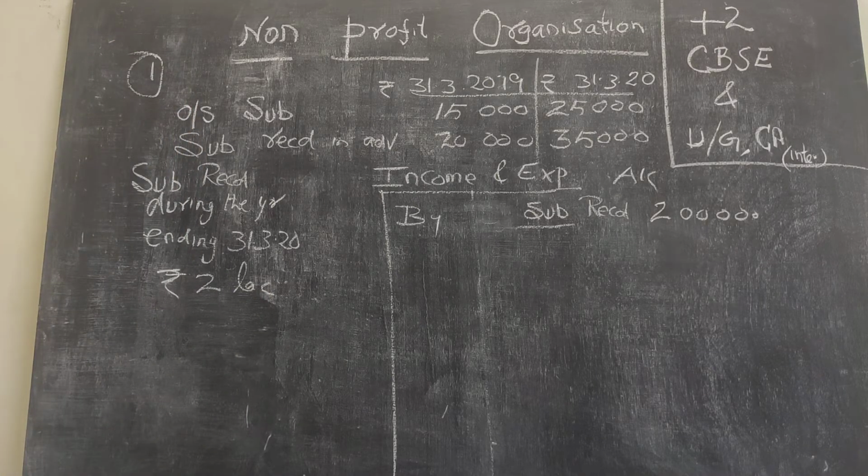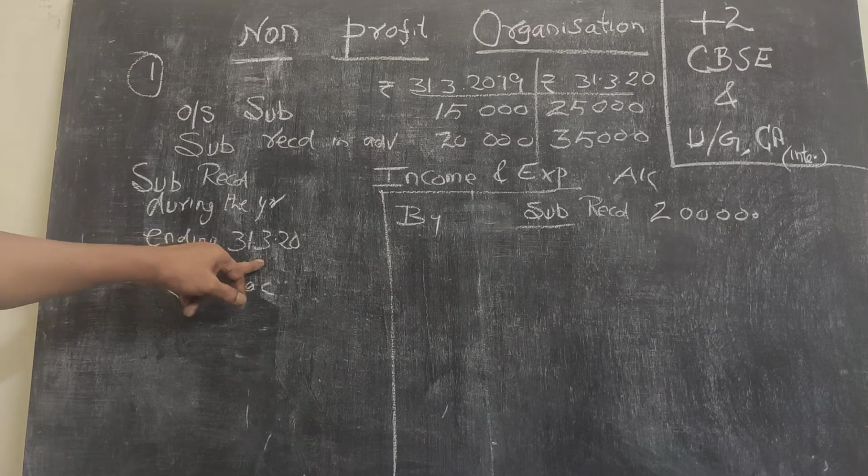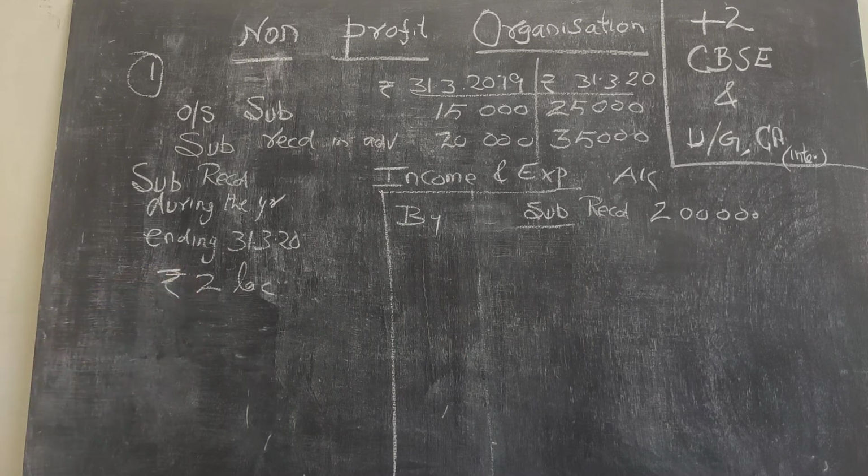Outstanding subscription as on 31st March 2019 and 31st March 2020 is given as 15,000 and 25,000. Likewise, subscription received in advance as on 31st March 2019 is 20,000, and as on 31st March 2020 is 35,000, and subscription received during the year ending 31st March 2020 is given as 2 lakhs.